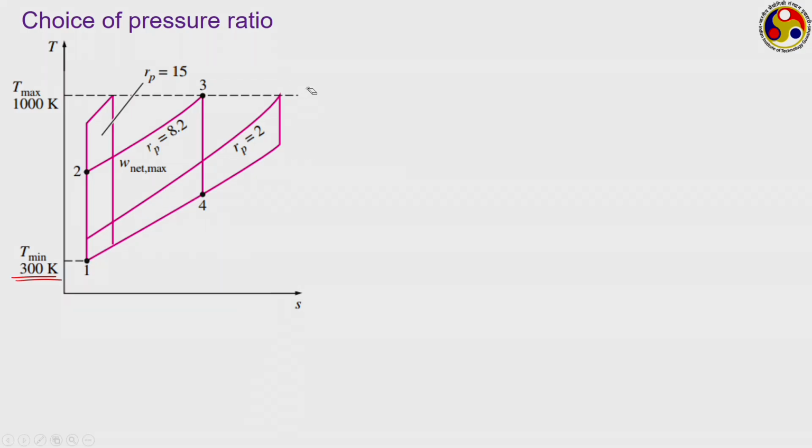So, net heat transfer is quite small, and therefore, net work transfer also will be quite small. Similarly, if we are talking about a very high value of Rp, then there is a significant amount of compressor work involved and heat addition is quite small during this process. So, the total area enclosed by the curve again is quite small. But for some intermediate value of Rp, you are getting a much higher amount of work output.